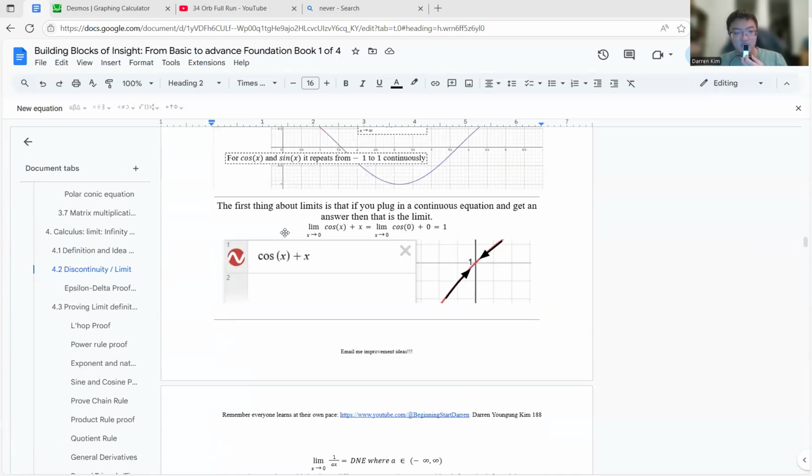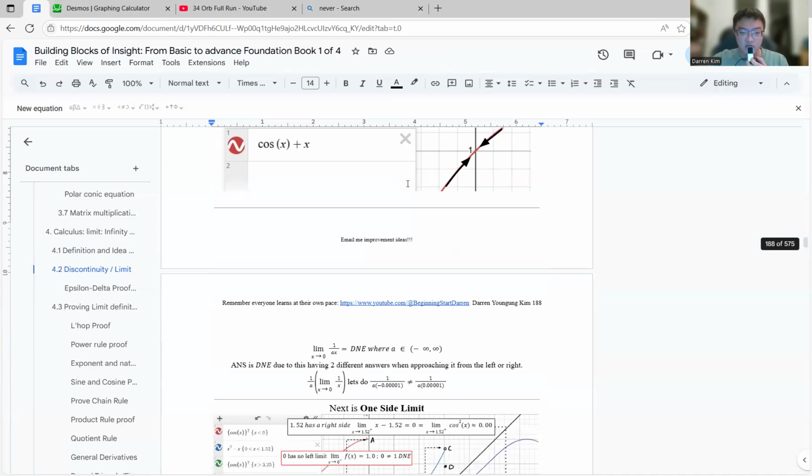The first thing about limits is that if you plug a number into a continuous equation and get an answer, then that is the limit. Nine out of ten times, if you can plug in and get an answer, that's the limit. I haven't seen a case that doesn't do that, so I guess ten out of ten times for now.